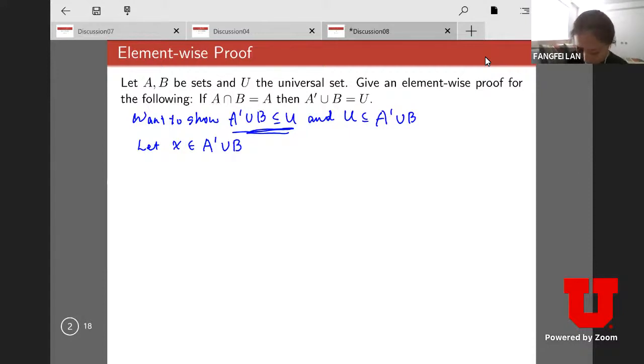So then if X is in A complement union B, then X is in U, right? So that part is done. Therefore, the first part is proven: A complement union B is a subset of U.